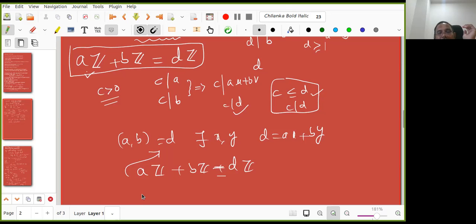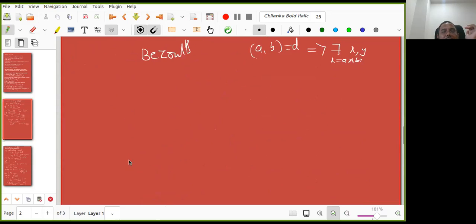So I'll stop here. My goal in this one hour was just to prove these results, one of the beautiful things. So Bezout's identity now onwards means: if the GCD of A, B is equal to D, then there exist X and Y such that D is equal to AX plus BY. From next class onwards, think of three things we have now. One is the well ordering principle, WOP.